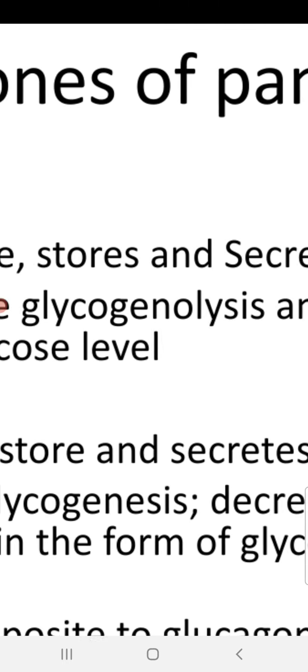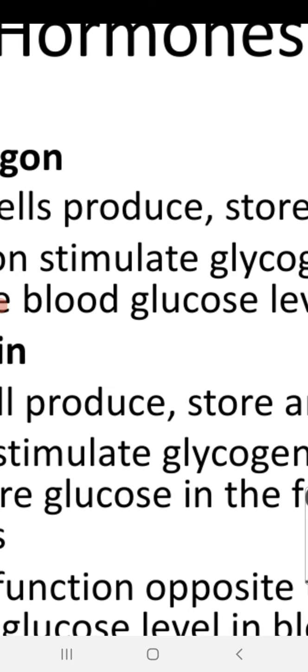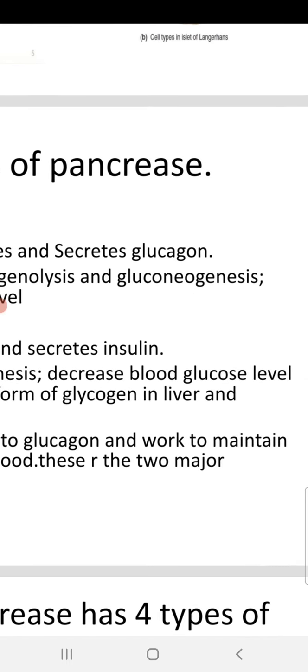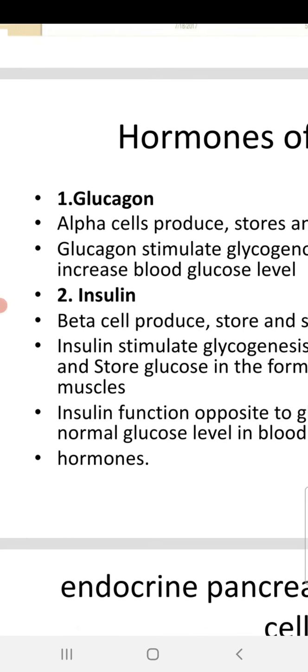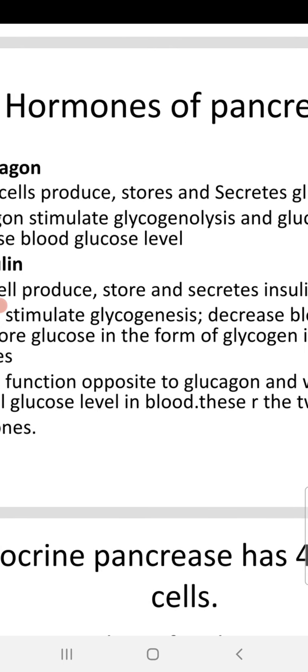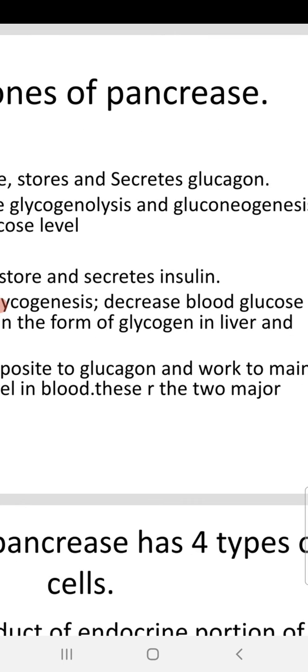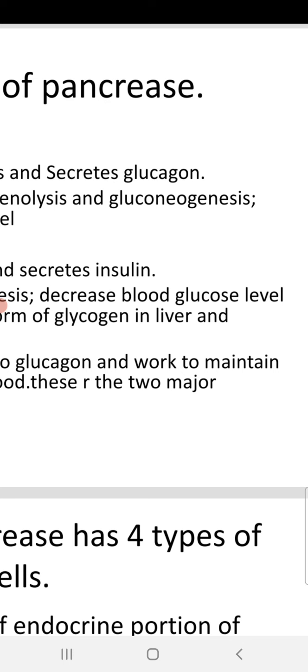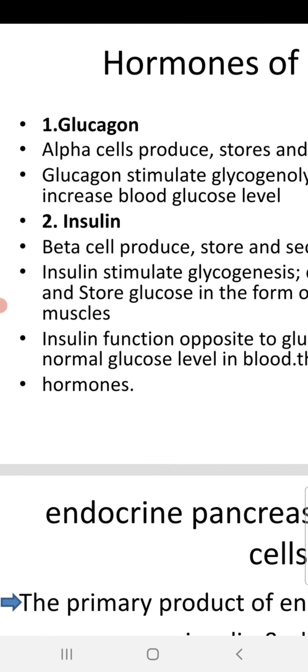So alpha cells produce glucagon, and it is stored and secreted in the alpha cells. Glucagon stimulates glycogenolysis, that is the breaking of glycogen, and gluconeogenesis. These two phenomena are controlled and regulated by glucagon.